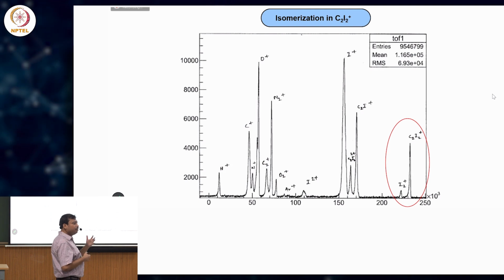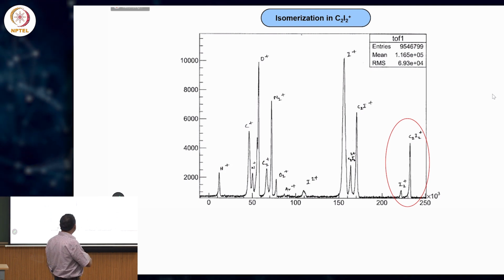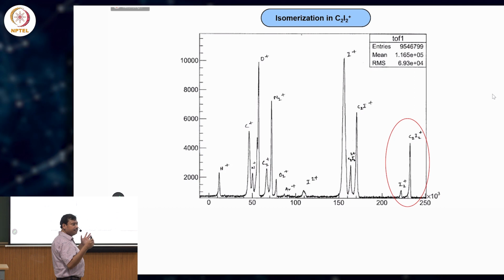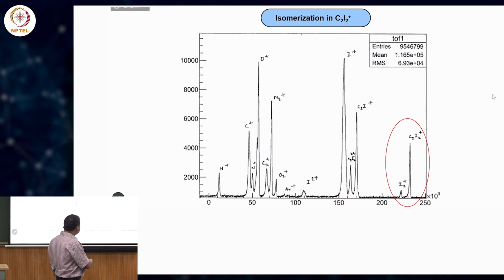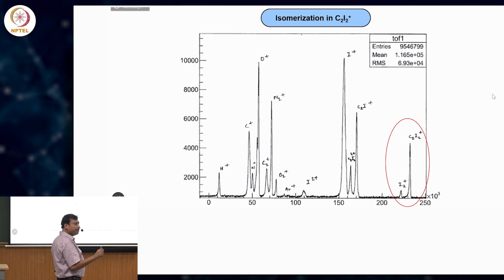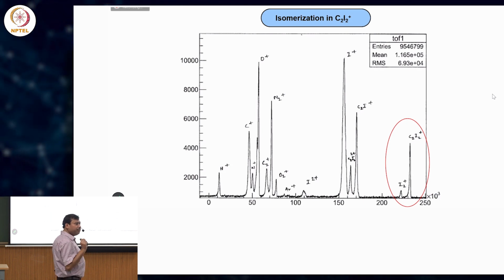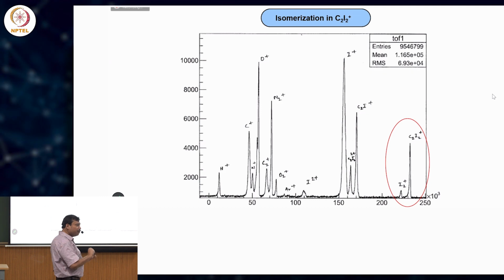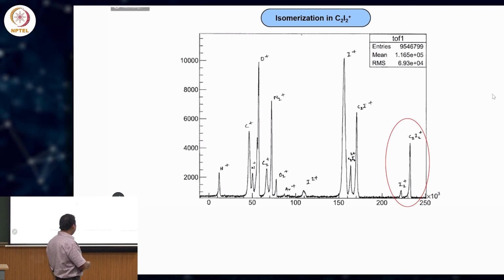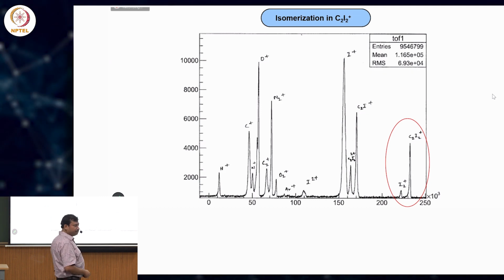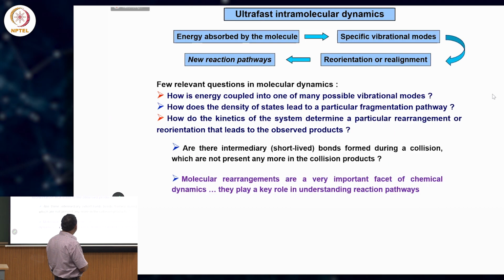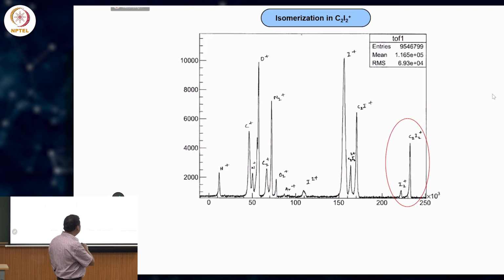When it is very strong, the molecule probably breaks away into much higher charge states, and you do not get these finer details. But for argon plus, the impact parameter is low, the energy is only 50 keV, a soft collision, and the molecule bends itself and then forms an isomer. Okay, I have other stories, but let's stop here.